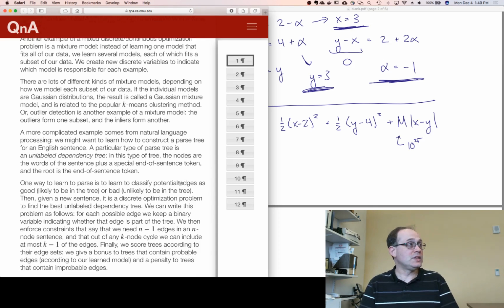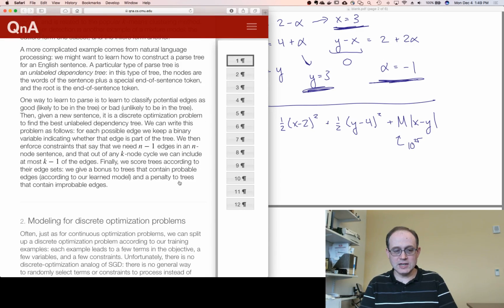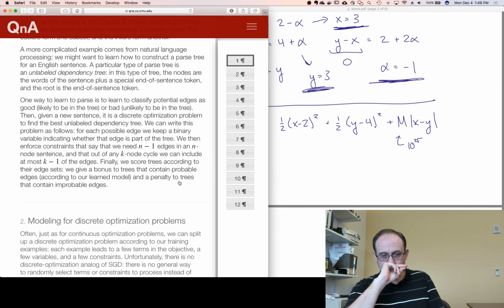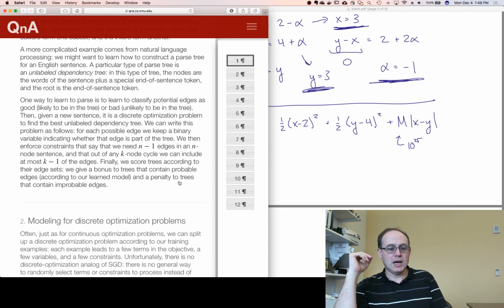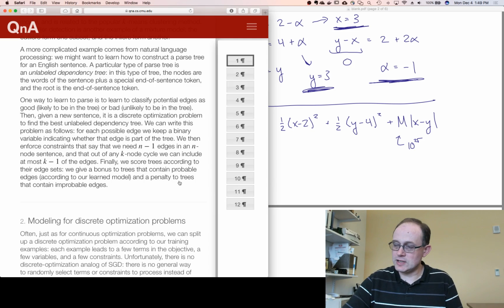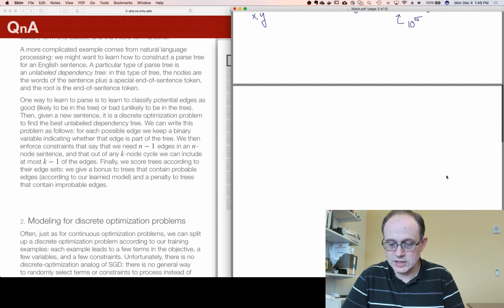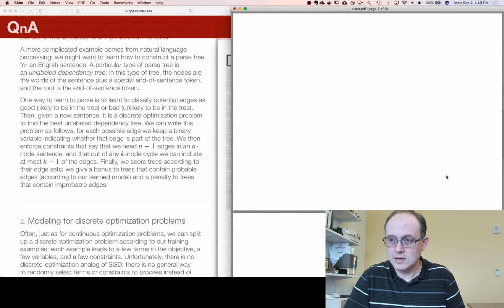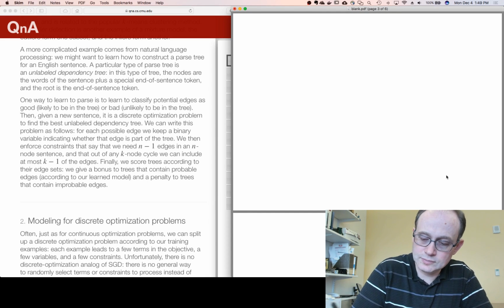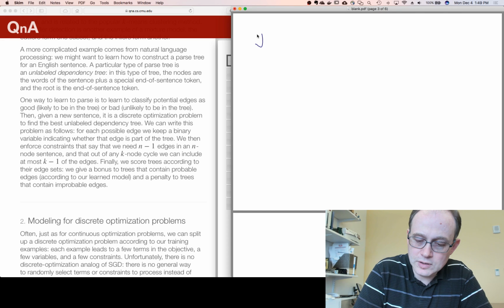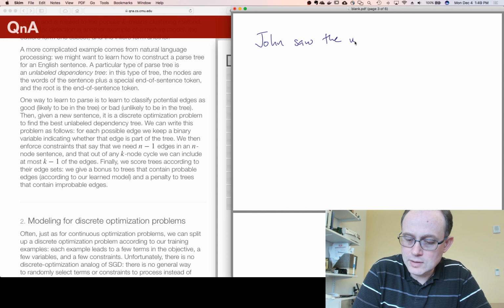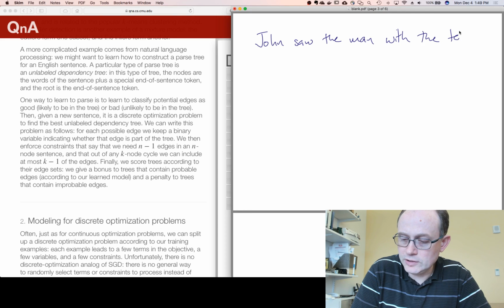To give maybe a more complicated example, this is an example that comes up all the time. In natural language processing, we might want to parse an English sentence, right? So if you take an English language sentence like, "John saw the man with the telescope."